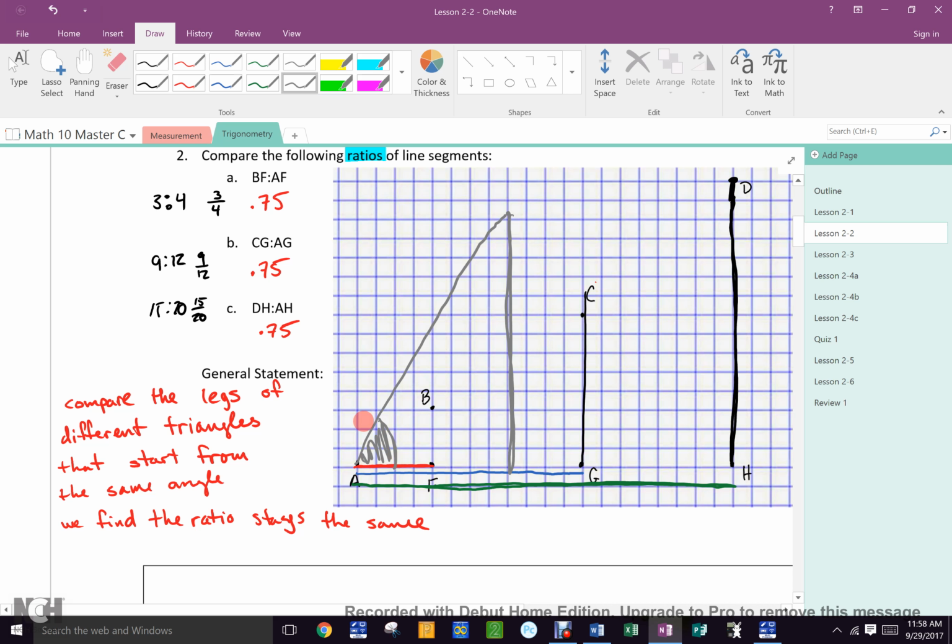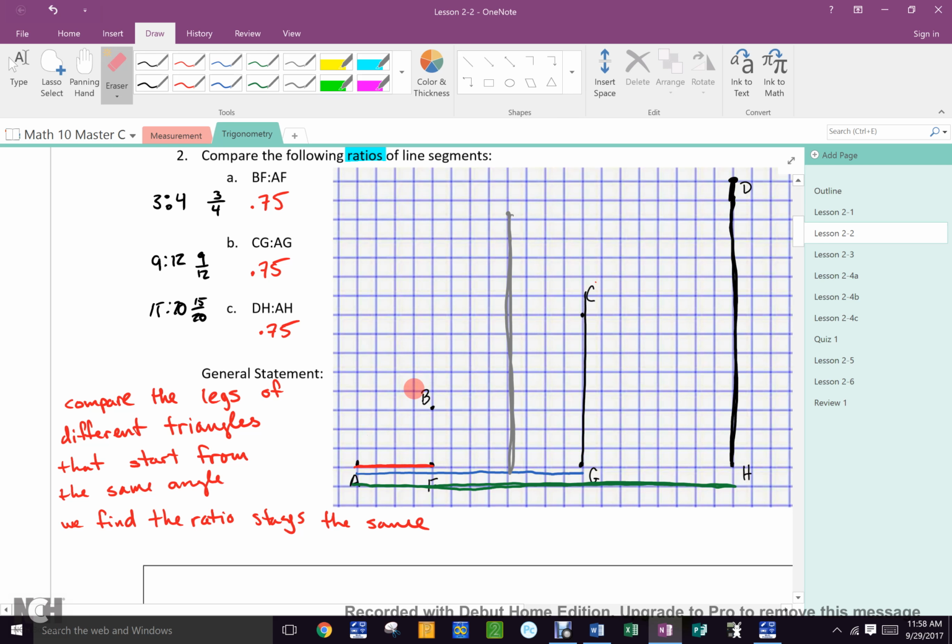Because the angle has changed. Does everybody see that? So what does that tell us? That tells us that as the angle changes, what happens to that comparison between the vertical and the horizontal? It changes as well. Everybody cool?